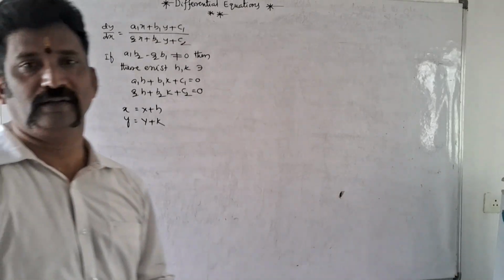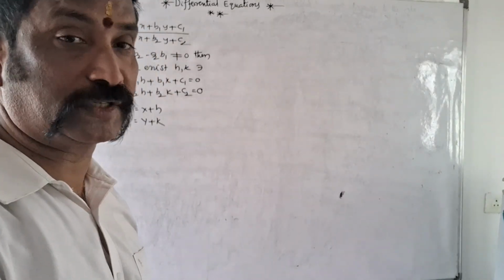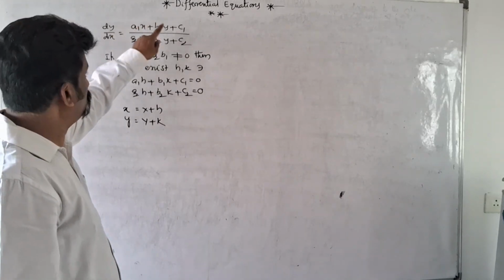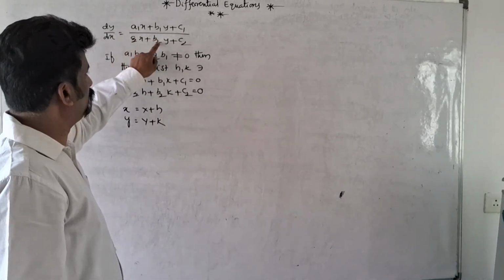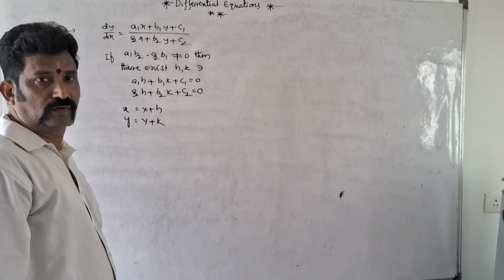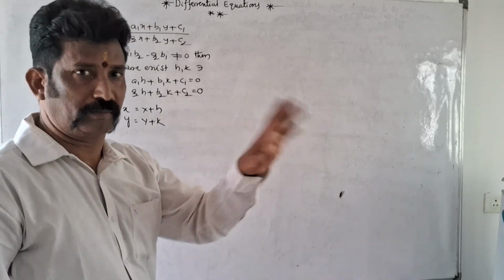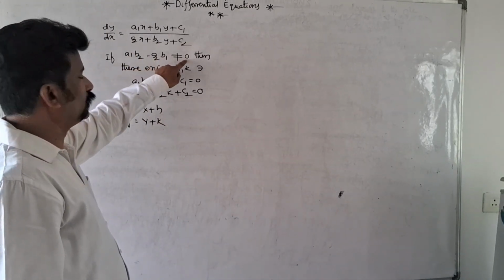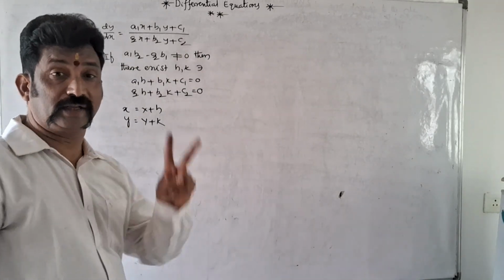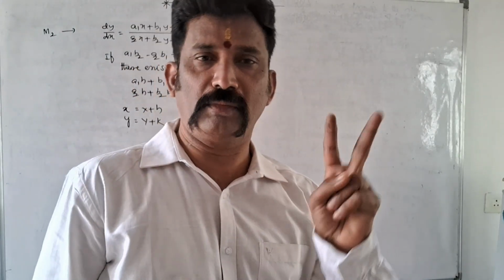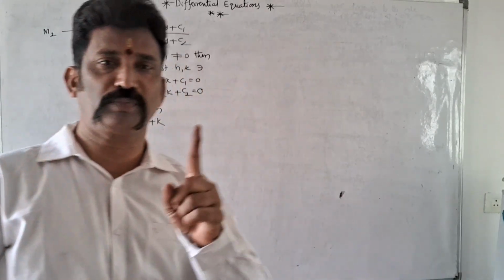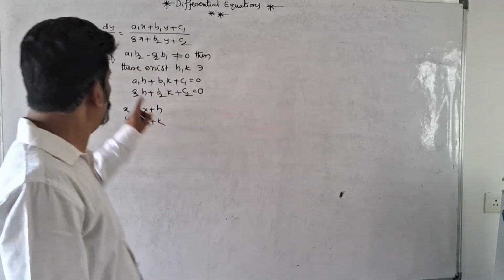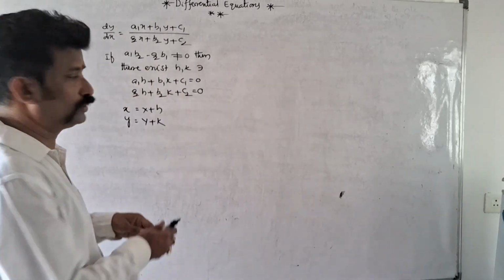Listen carefully. If the given differential equation is of the form dy by dx is equal to a1x plus b1y plus c1 by a2x plus b2y plus c2, and model number 1 is already completed, now here a1 b2 minus a2 b1 is not equal to 0. Then there exist two real numbers h comma k such that a1h plus b1k plus c1 is equal to 0 and a2h plus b2k plus c2 is equal to 0.